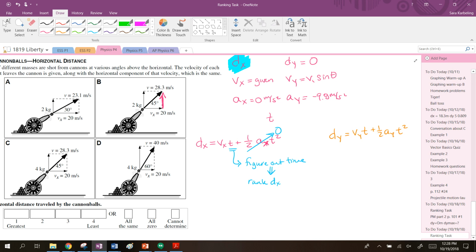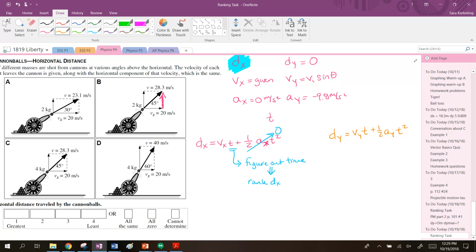Using this y equation, you could find time. I'm not going to make you, but you could, right? One could do it. To find time, you would need to look at the Vy. The bigger the Vy, the bigger the time. Does that make sense? Let me say that again. The bigger the Vy, the bigger the time. You with me there?